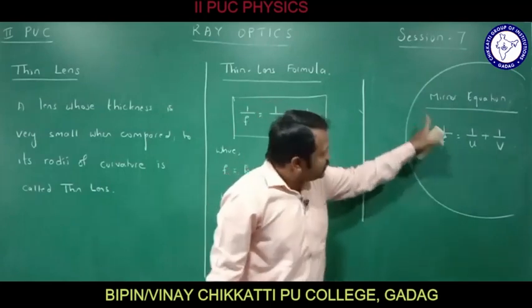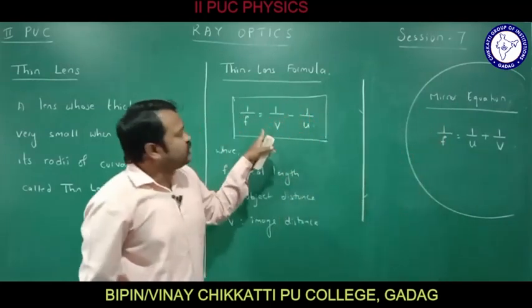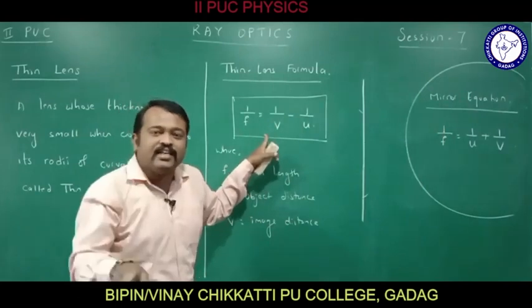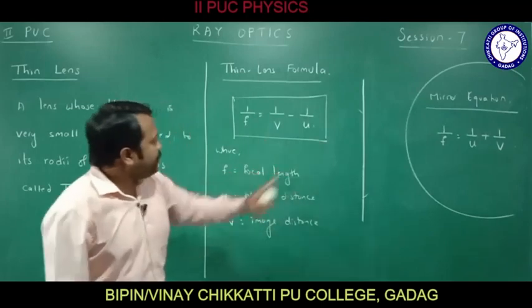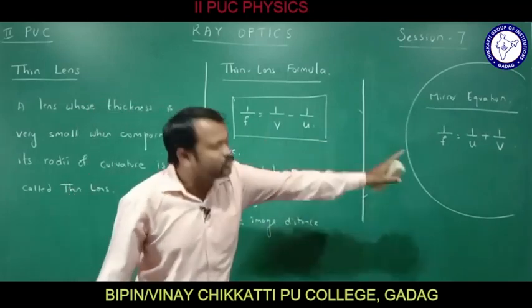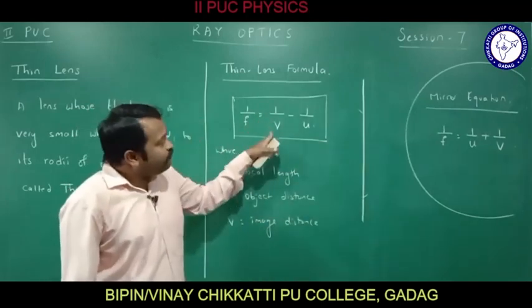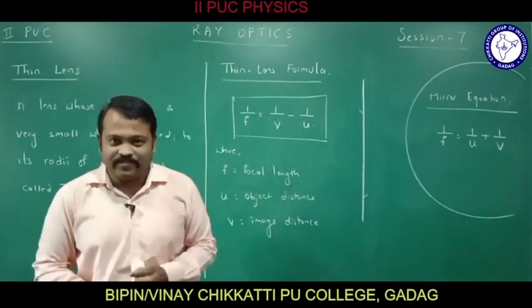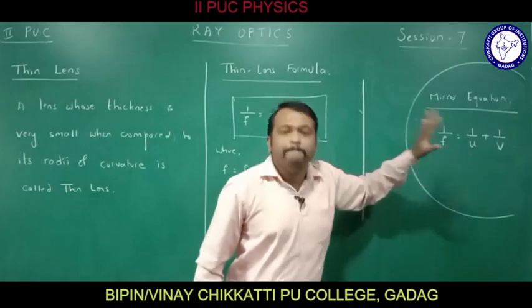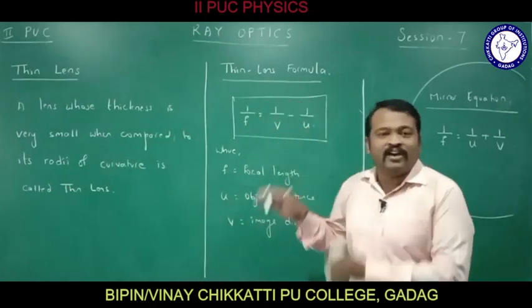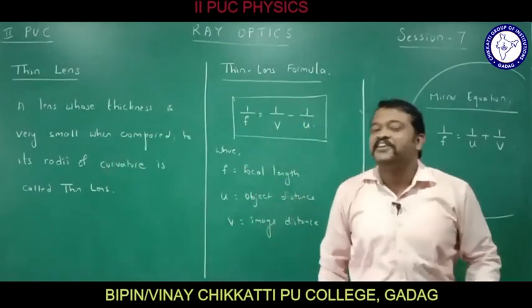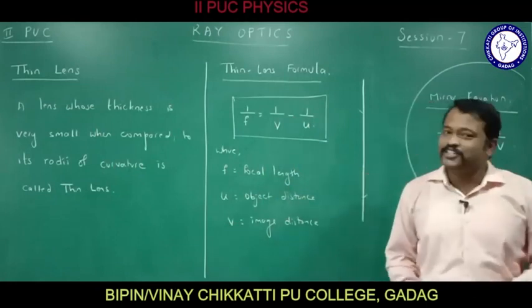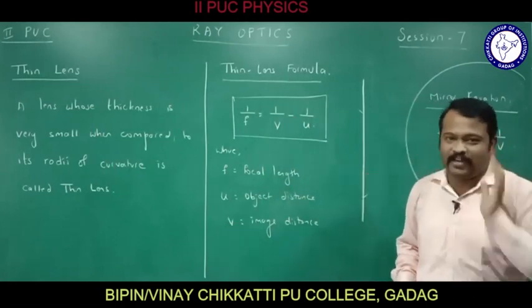This equation is called the lens equation, that too thin lens equation or thin lens formula. Just compare it. Here we have 1 by u plus 1 by v. Here we have 1 by v minus 1 by u. So this is the equation for mirror, and this is the equation for lens, particularly thin lens. So this formula is called the thin lens formula.